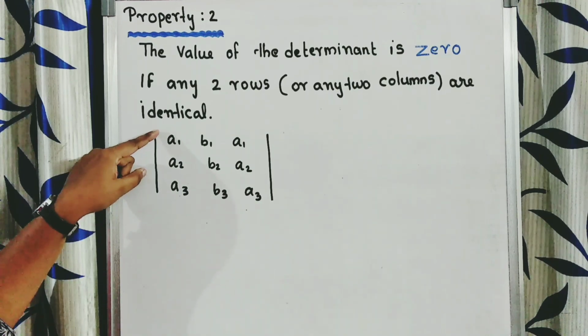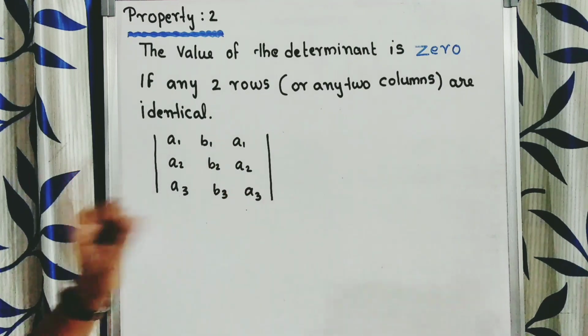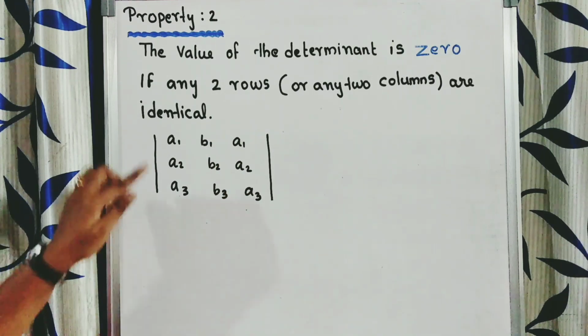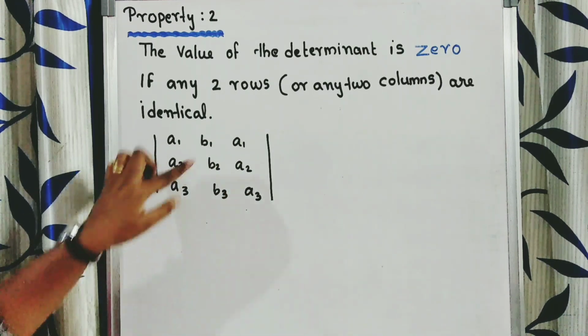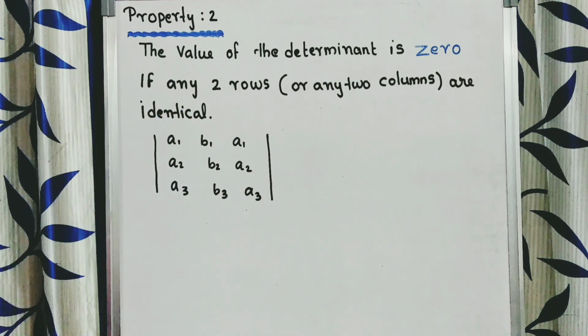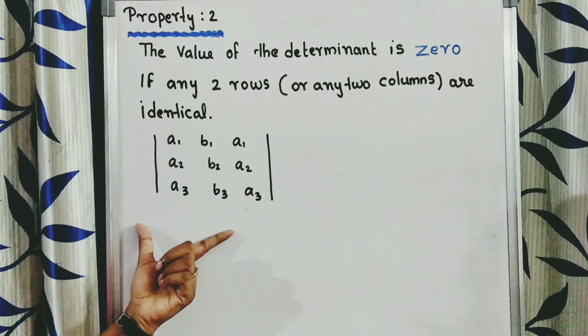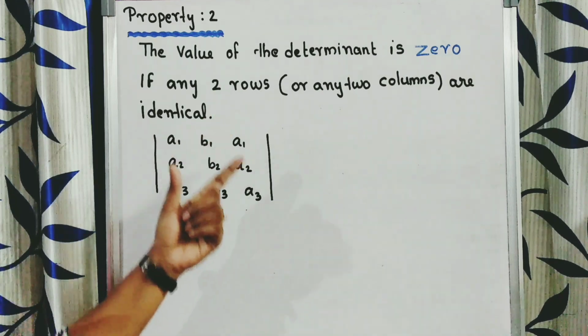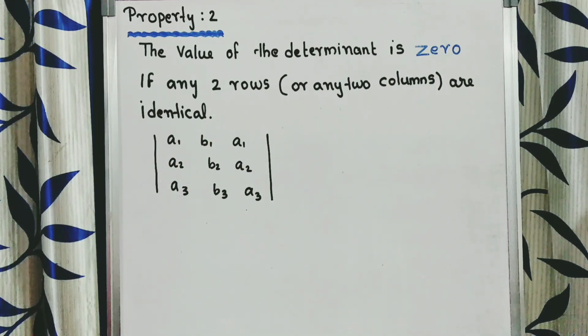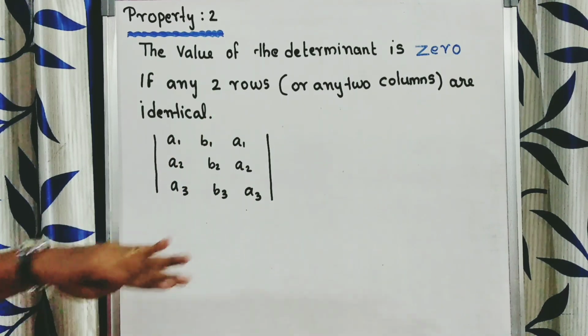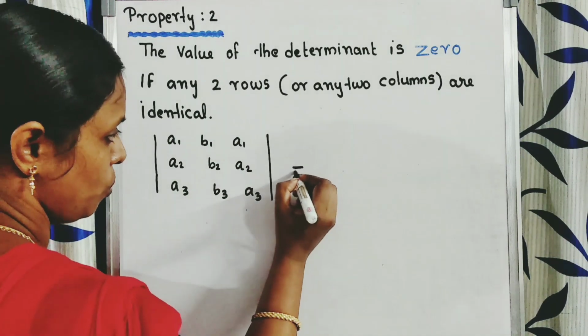Here the first column and the third column are identical. The first column is A1, A2, A3, and the third column is A1, A2, A3. Therefore, its determinant value is equal to 0.